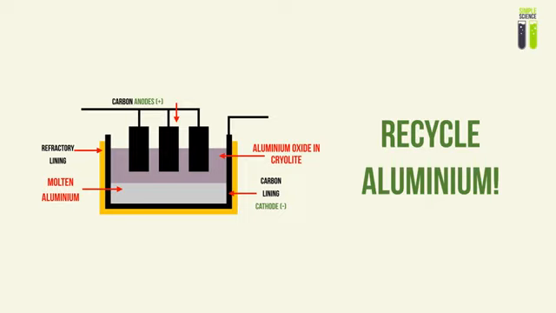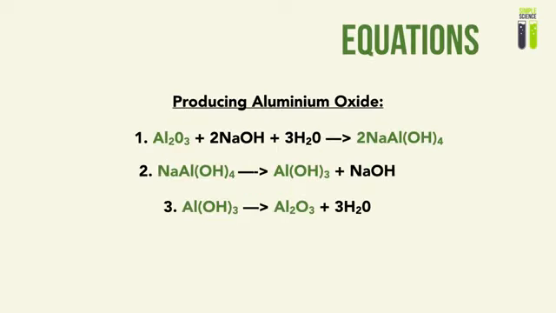Okay, so that's it. For all of the processes that you need to learn for the extraction of aluminium, you can associate one equation with each process. For the first three processes, to prepare the aluminium oxide for electrolysis, the first equation is the equation of formation, equation number 2 is the equation of precipitation, and number 3 is the equation of the formation of the pure aluminium oxide.